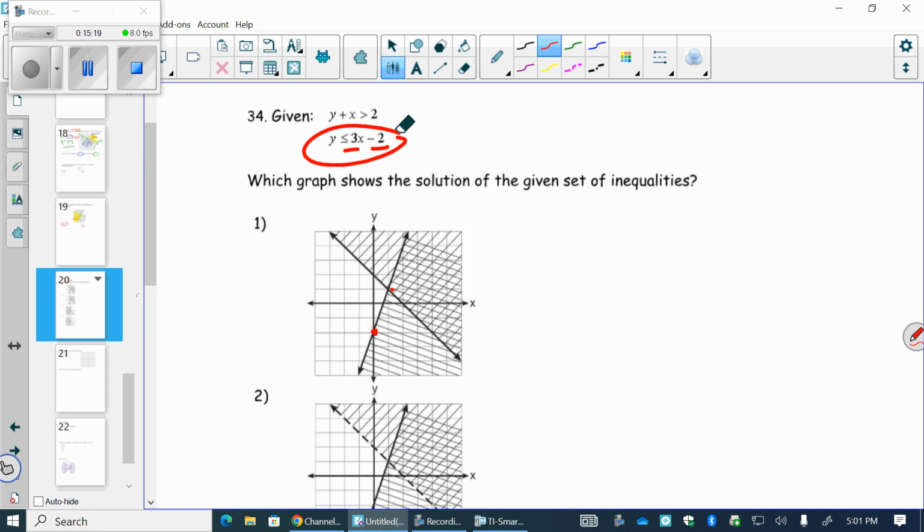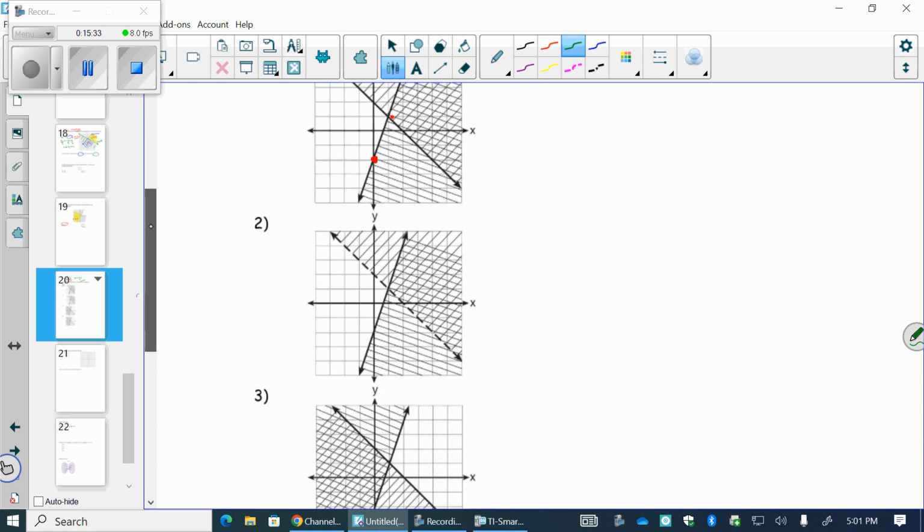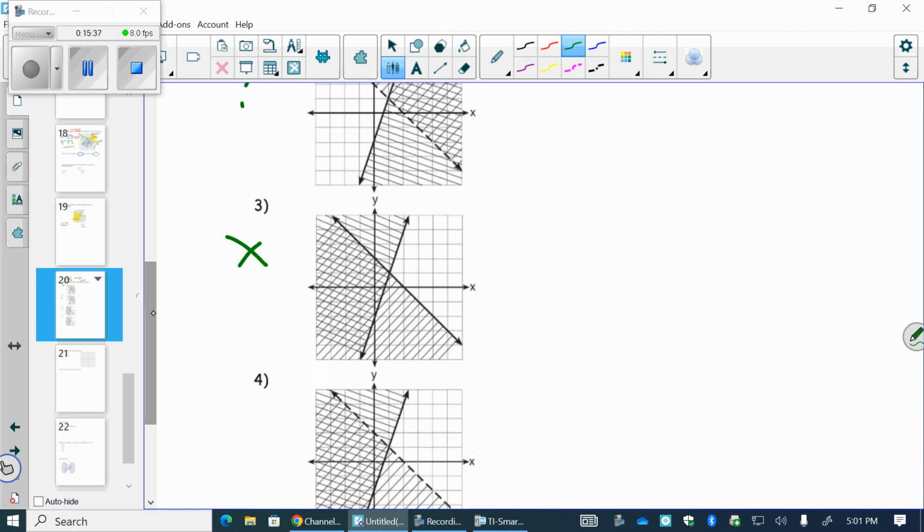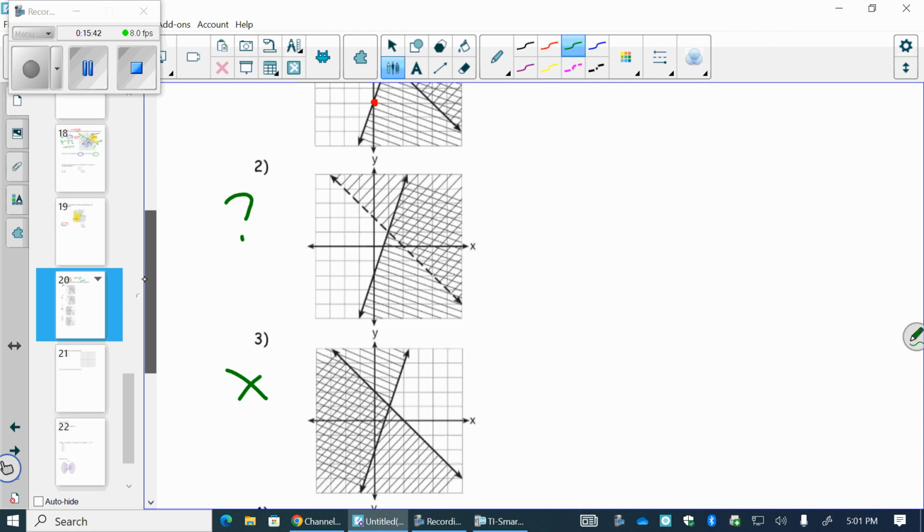Without doing any work at all, if you look at the first equation, notice how it has y plus x is greater than 2. There's no line underneath here, so it should be dotted. So this can't be the answer because both graphs are dotted. This one might be. This one can't be. This one might be. So, you've got to have a dotted line.